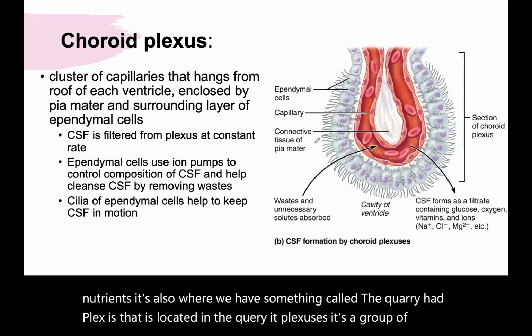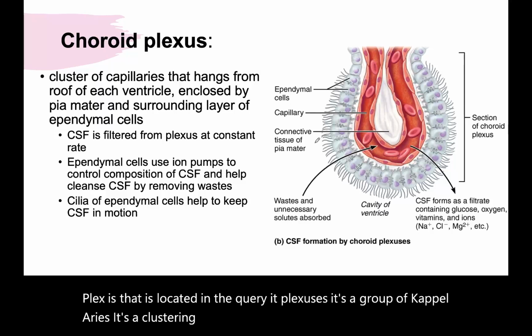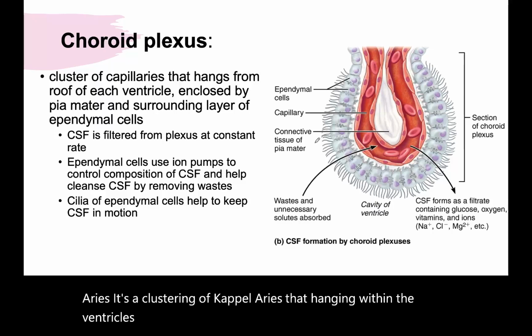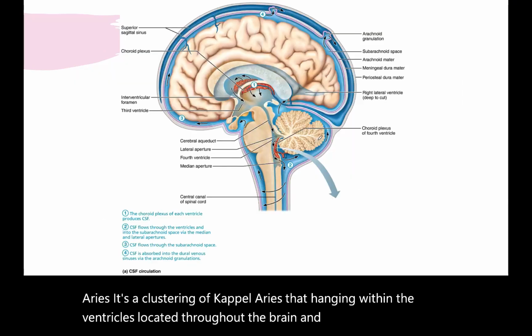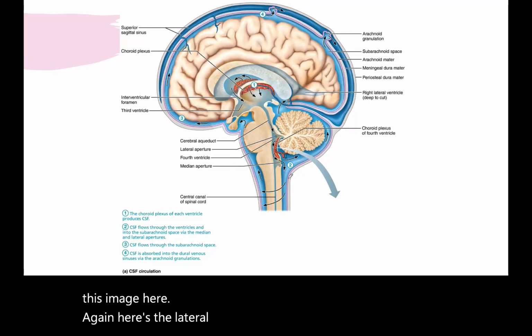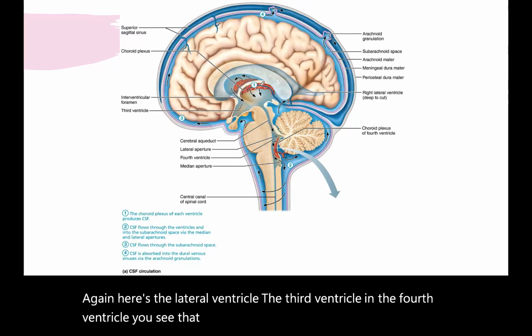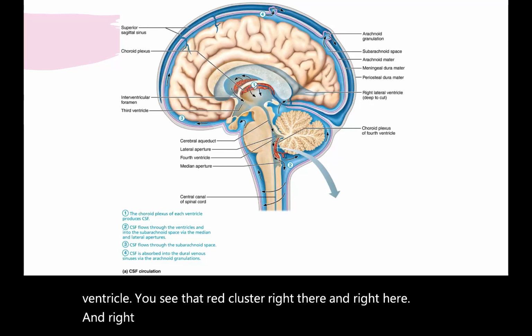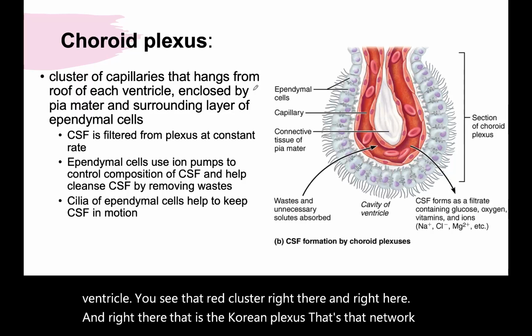It's a clustering of capillaries that hang within the ventricles located throughout the brain. And so if I come back to this image here, again, here's the lateral ventricle, the third ventricle, and the fourth ventricle. You see that red cluster right there, and right here, and right there? That is the choroid plexus. That's that network of capillaries.